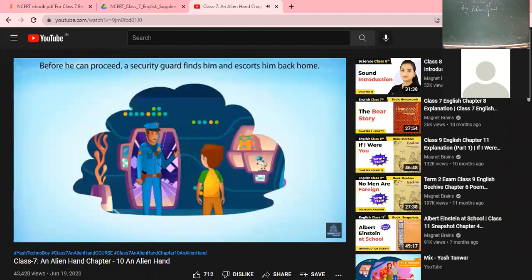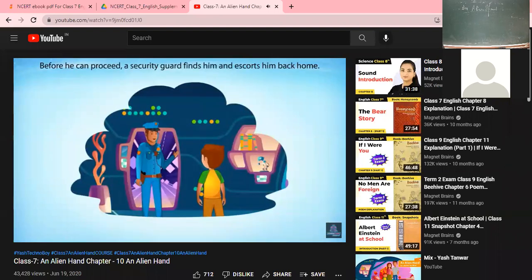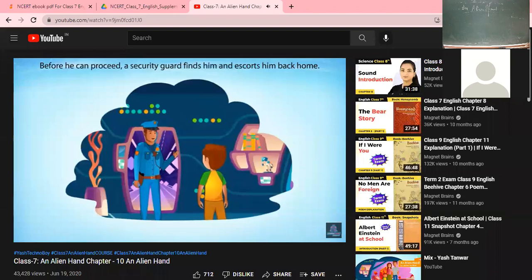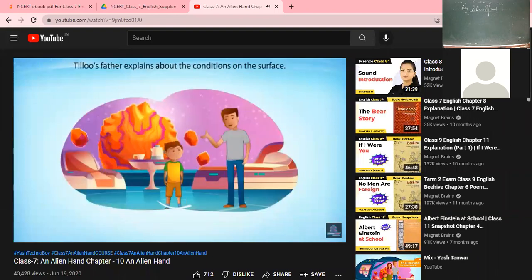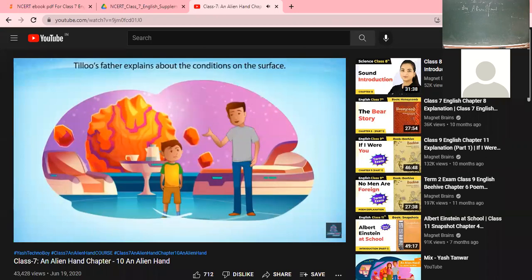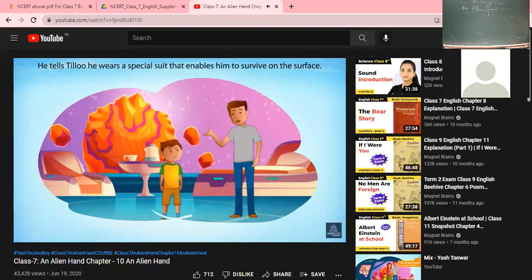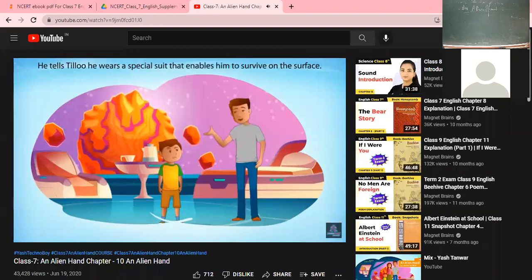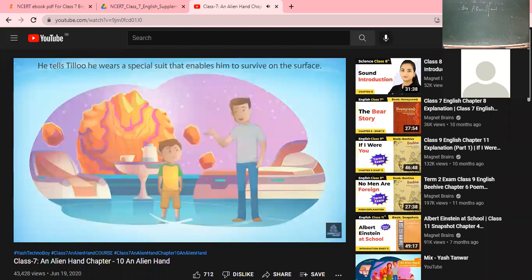Before he can proceed, a security guard finds him and escorts him back home. Tillu's father explains about the conditions on the surface. He tells Tillu he wears a special suit that enables him to survive on the surface.